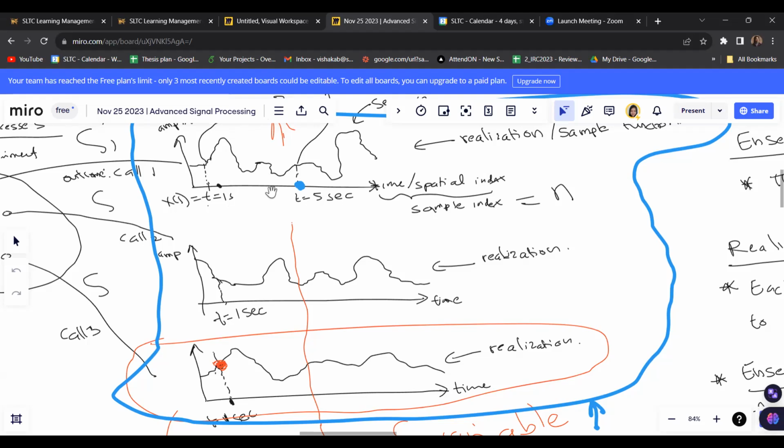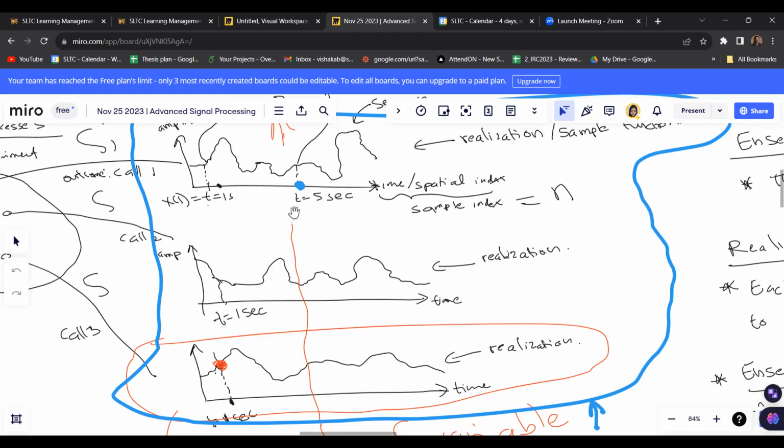So to find the similarity between these two random variables, we use the autocorrelation function, right? So basically what we are doing is we are trying to find the similarity between one time instance and a lagged version of the signal which is occurring at t equals 5 seconds, right?